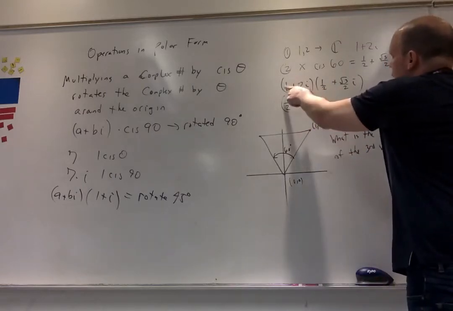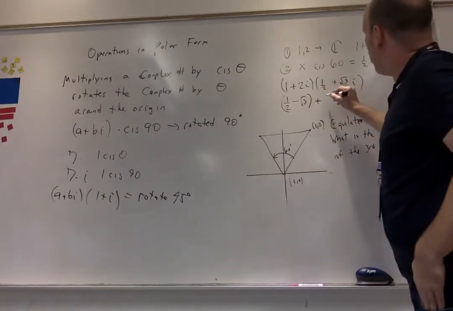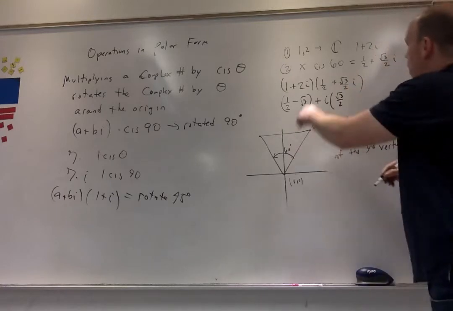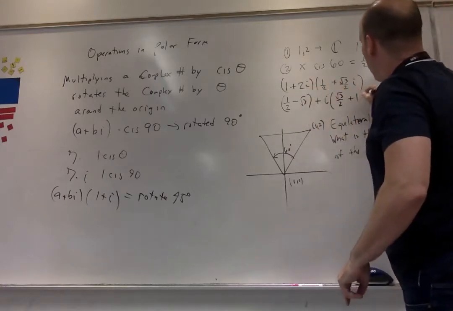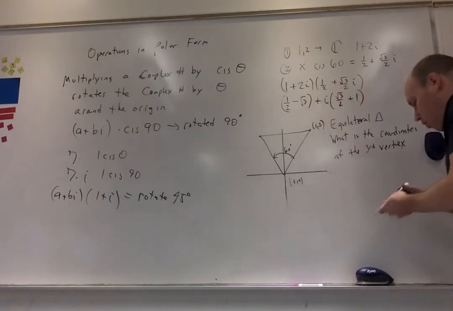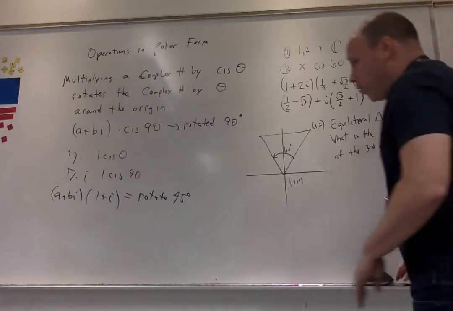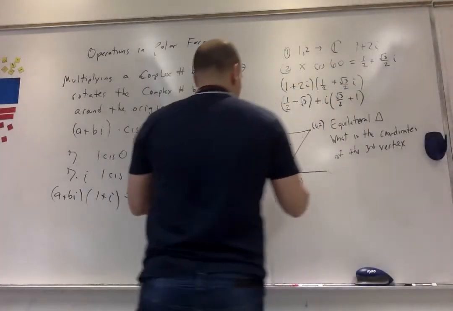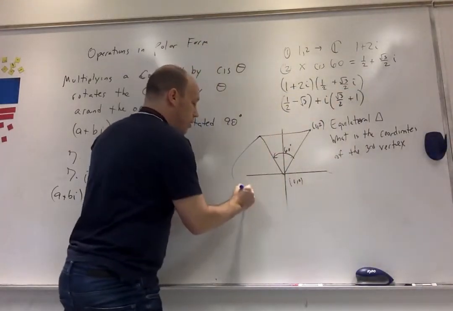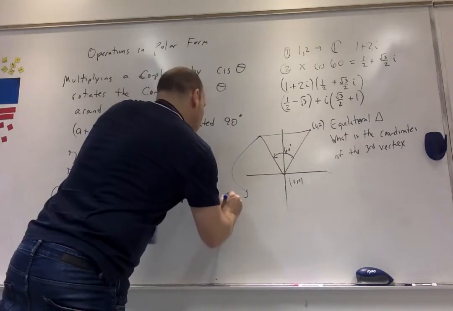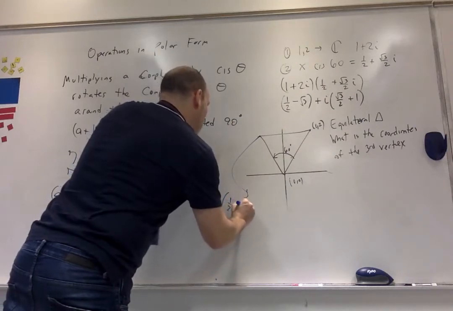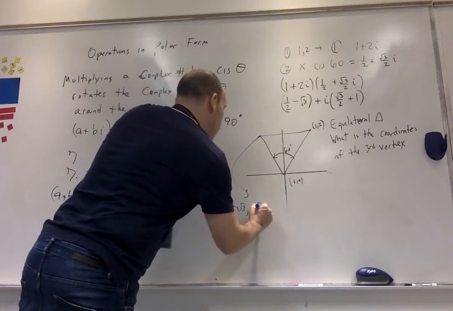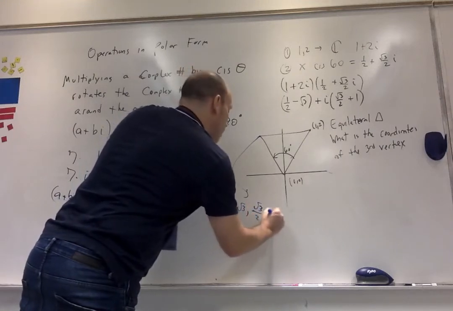We have radical 3 over 2 plus 1. It may be a little difficult, but it's easy in complex numbers. So this coordinate is 1/2 minus radical 3, comma, radical 3 over 2 plus 1.